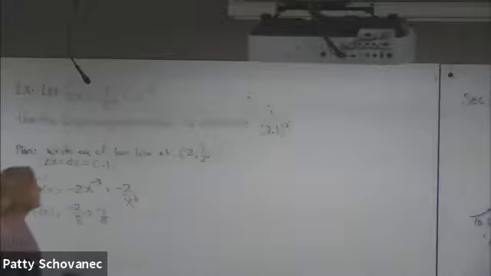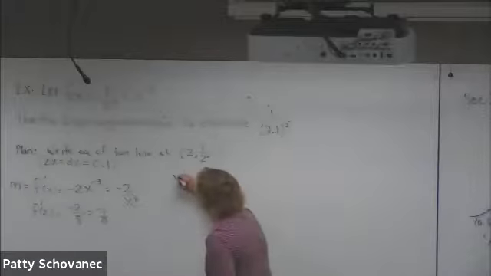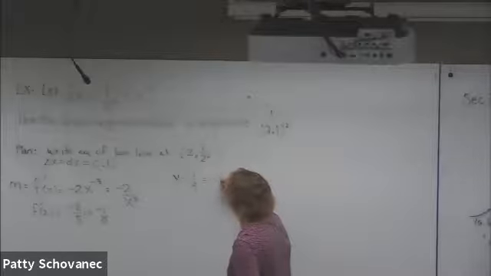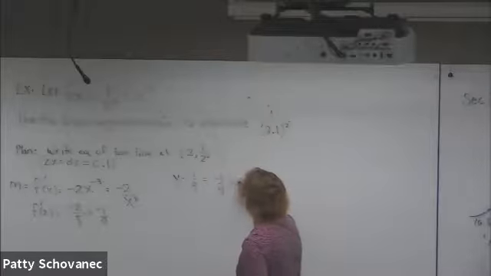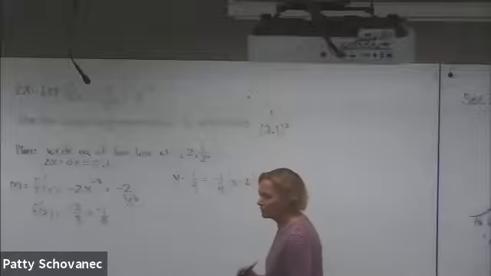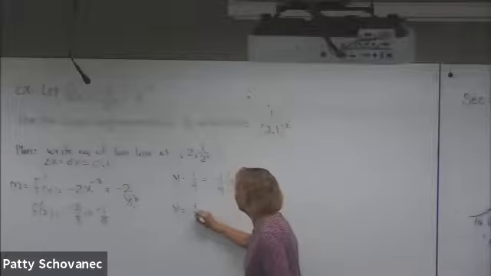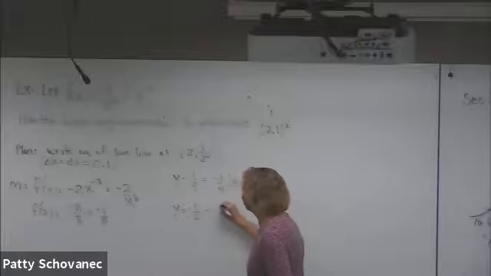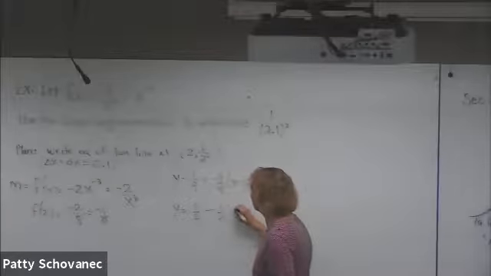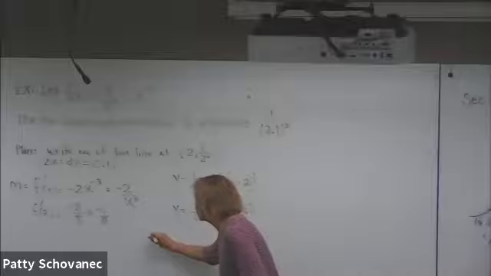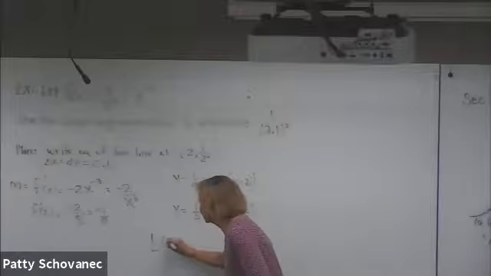Then the equation of the tangent line looks like y minus this 1/4 is equal to my slope times x minus 2. If I solve this for y, I would add this 1/4 to both sides. And that then is my linear approximation. Let's just label it as such.